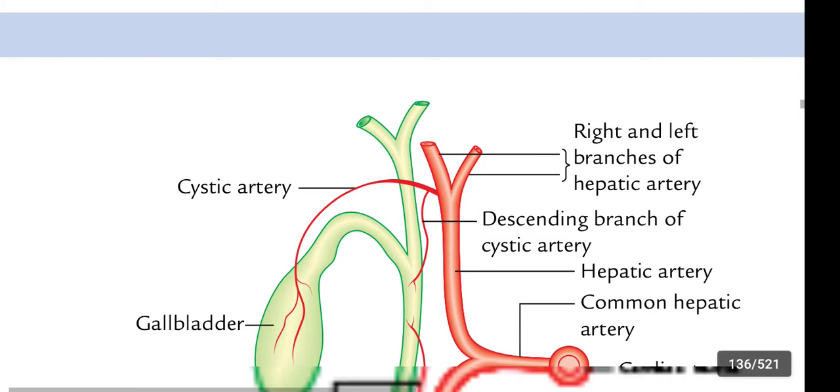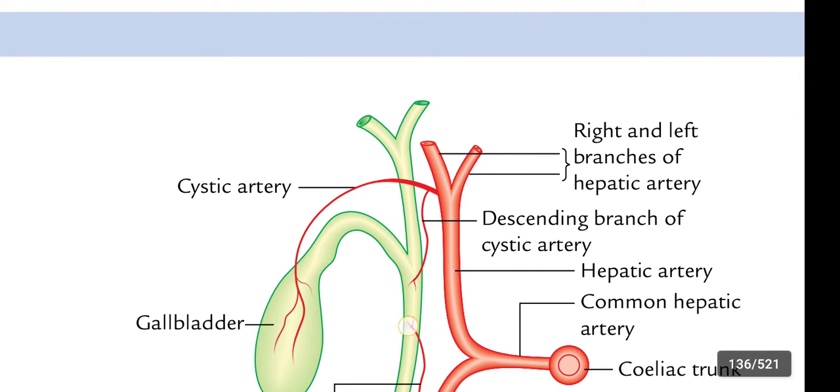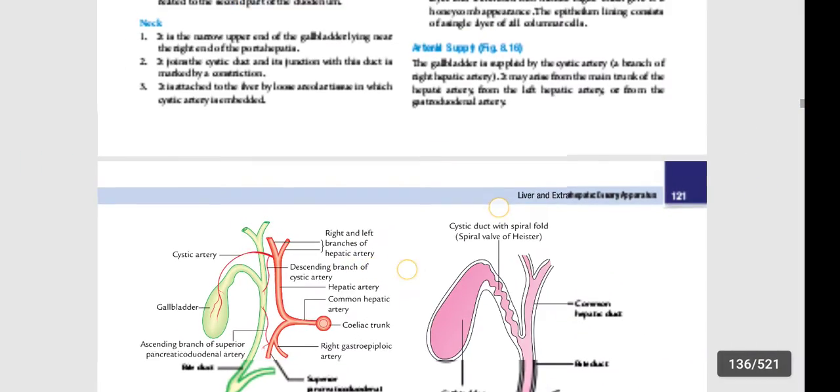We also call this the common bile duct, and the angle between this cystic duct and common hepatic duct is acute. I show you in the diagram.